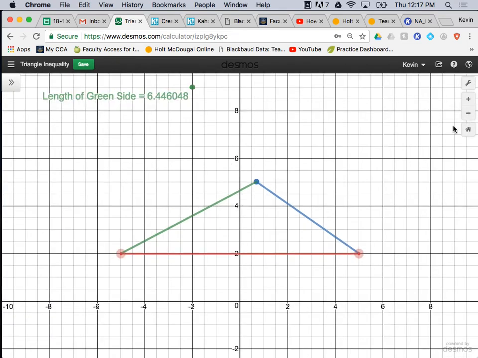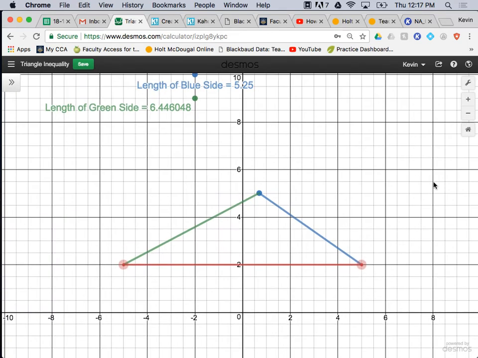I have the blue side, the green side, and the red side. So I've got three sides of a triangle. What the triangle inequality theorem is saying to us, and we're going to get to that in a second, is something to do with the lengths of the sides of a triangle and how they relate to one another. So let's take a look at this.